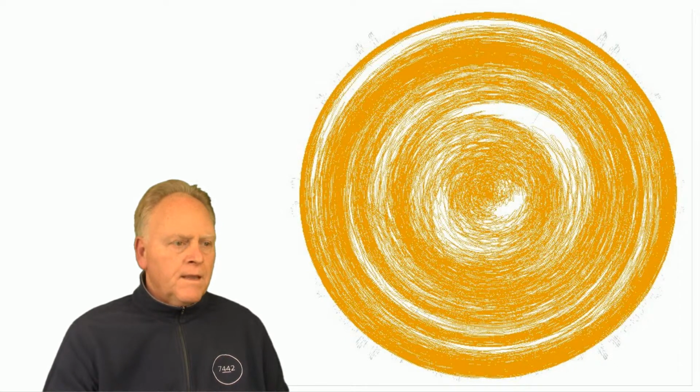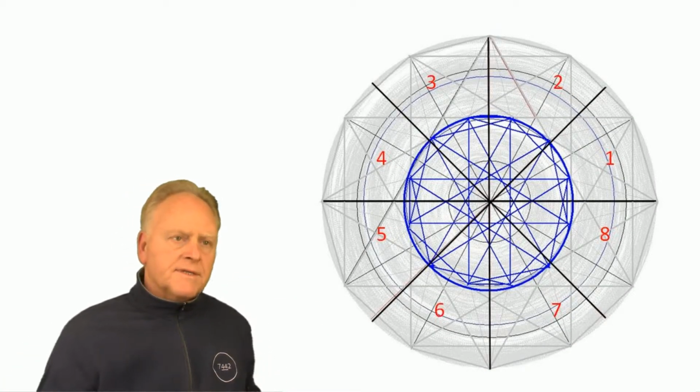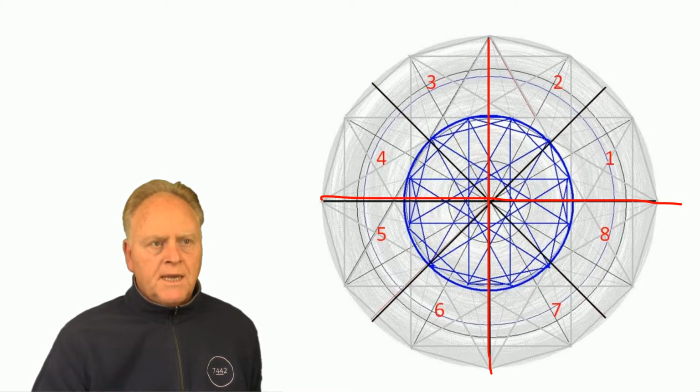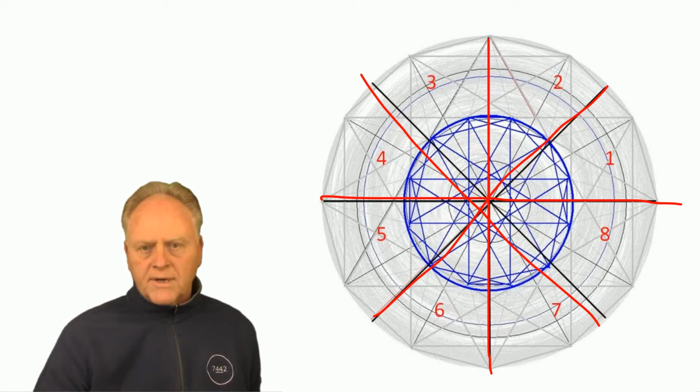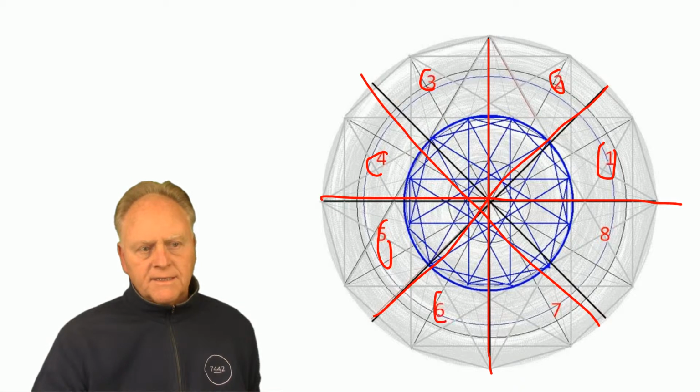Then, if you remember from the broadcasts, I cut it into 8 components. You can see here the Y and X axes, and then at 45-degree angles, broken into octets: 1, 2, 3, 4, 5, 6, 7, and 8.